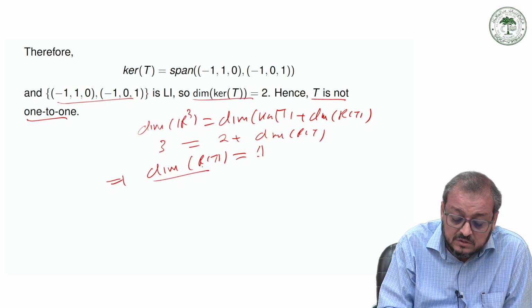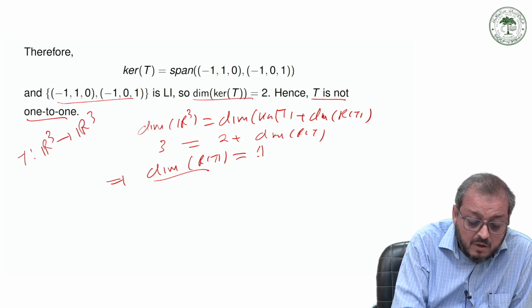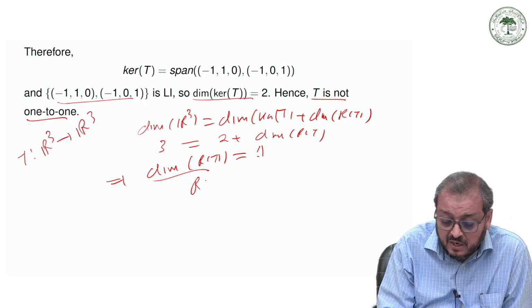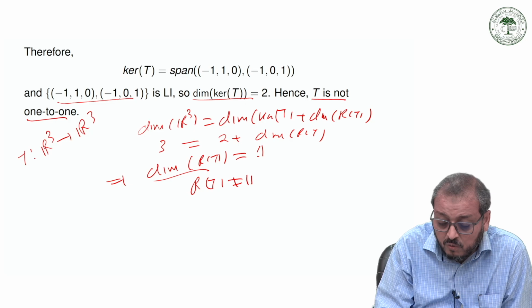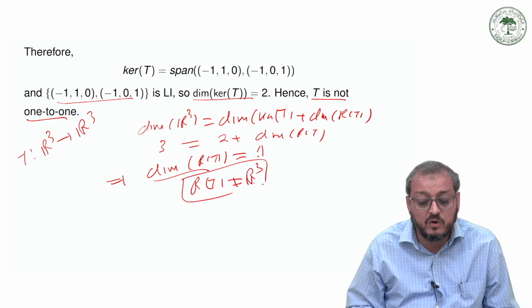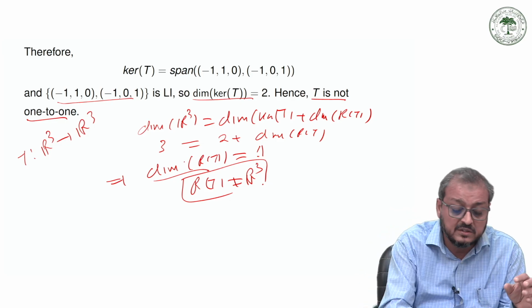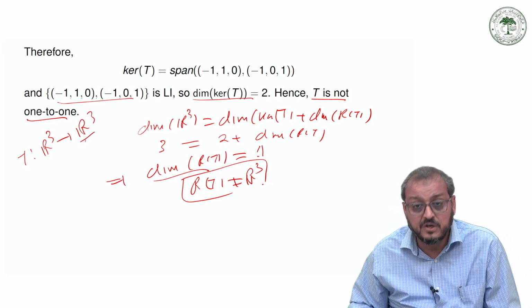But T is a map from R3 to R3, so this means clearly the range of T is not equal to the whole of R3. So T is not onto. The range of T is a proper subset of R3.